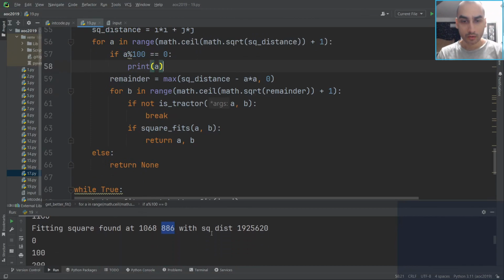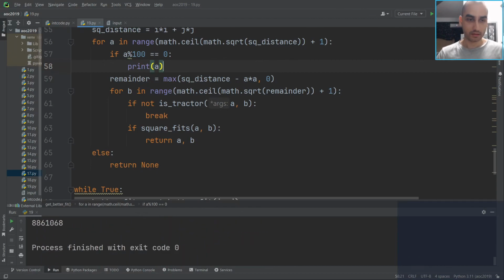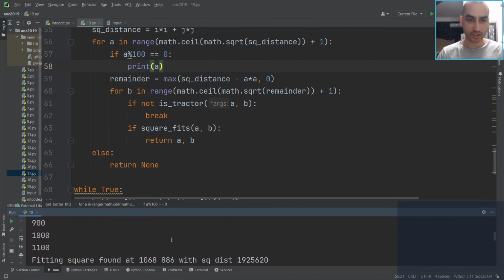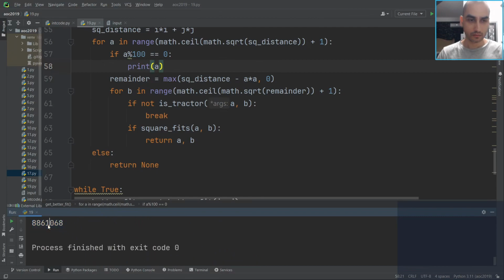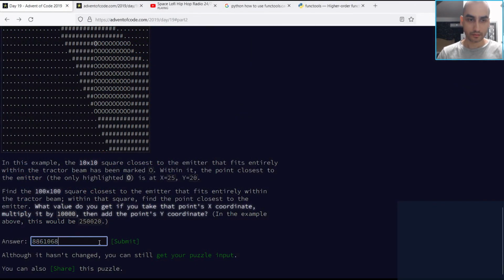Oh! Maybe this has a better square distance than the one we found before. Oh, of course. 886. Okay, let's try this answer then. No, but this is suspicious because... Okay, anyway. 8861068. It's not correct, it's too high.